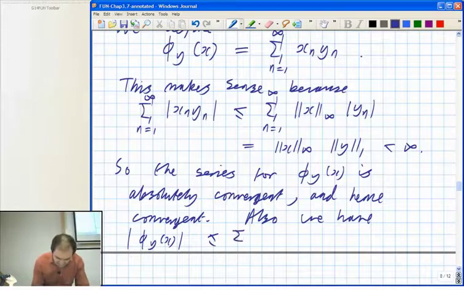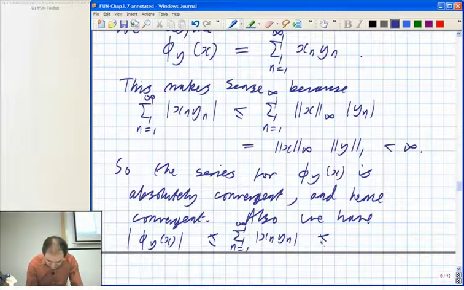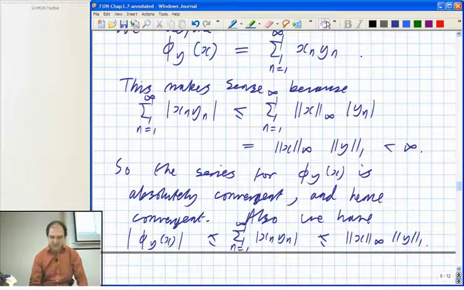So we get this estimate. It could be strict. But the modulus of a sum is less than or equal to the sum of the modulus. And that we already know is less than or equal to norm x infinity norm y1, which I'm going to turn around in a minute.